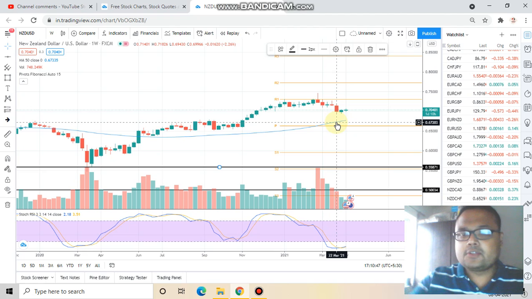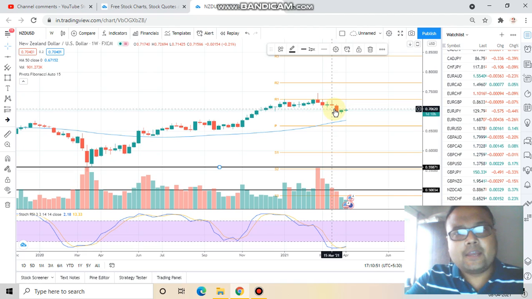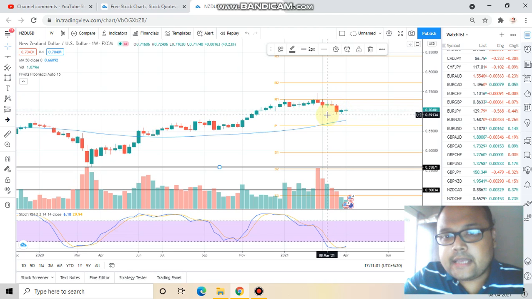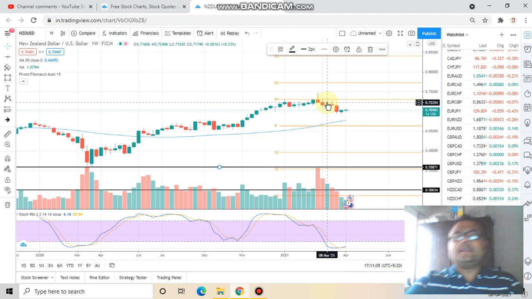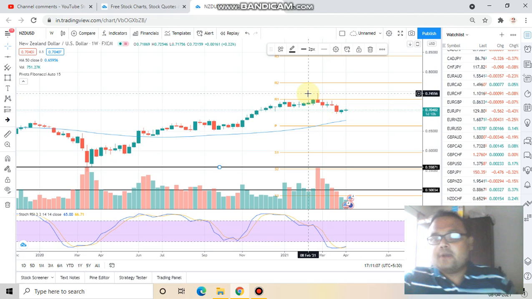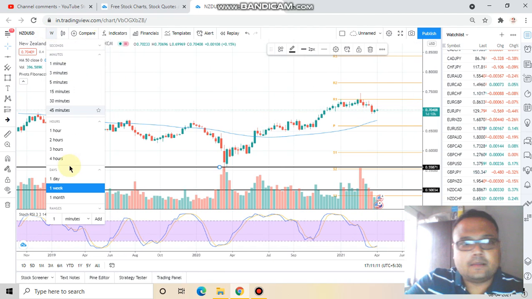And before that also, if you concentrate on this candle, we can see that market went up, but saw some price rejection from below. So overall, if we consider the last 2 weeks, market is getting some support from below, and looking at these candles, we can expect some move towards the upside.